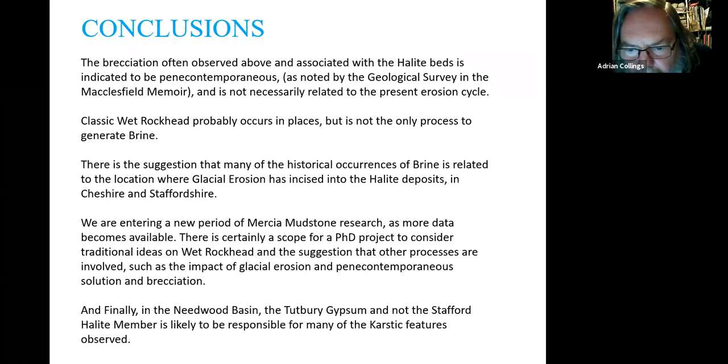Classic wet rock head probably occurs in places, but is not the only process to generate brine. There is a suggestion that many of the historical occurrences of brine are related to the location where glacial erosion has incised into the halite deposits in Cheshire and Staffordshire.